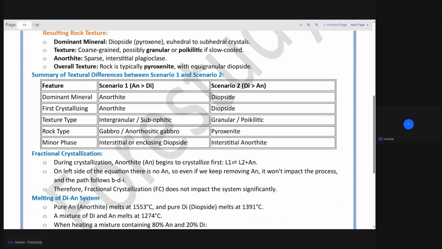So the dominant mineral will be anorthite here, and diopside there. First crystallization will be anorthite, and then diopside. The texture will be intergranular, subophitic here, and granular, poikilitic there. The rock type will be gabbro and anorthositic gabbro here, and pyroxenite there, because a lot of pyroxene will be present. Here the minor phase is interstitial or enclosing diopside; there it is interstitial anorthite.